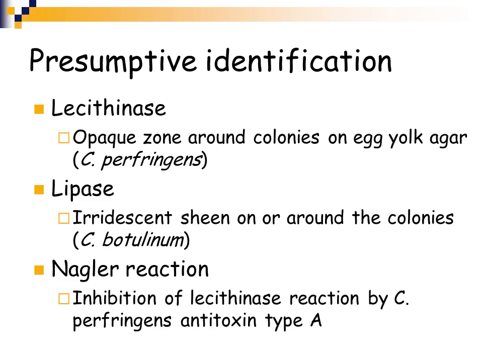Clostridium botulinum produces the enzyme lipase, so you can use special media and you'll see an iridescent sheen around Clostridium botulinum colonies. You can also presumptively identify Clostridium perfringens using the Nagler reaction. The Nagler reaction is an inhibition of the enzyme lecithinase that's produced by Clostridium perfringens using an antitoxin type A.